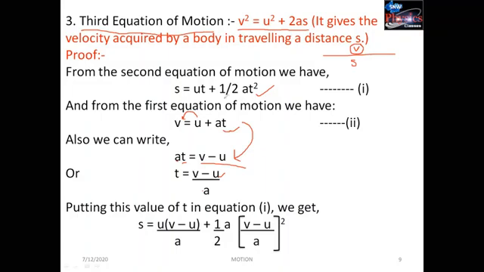Now we put the value of t in equation 1. Equation 1 means second equation of motion. ठीक है, second equation of motion में हम लोगों ने इस t की वैल्यू को पुट किया. ut plus half at square where there is t, यहाँ पे जहां भी t है वहां पे हम लोगों ने v minus u by a रखा.